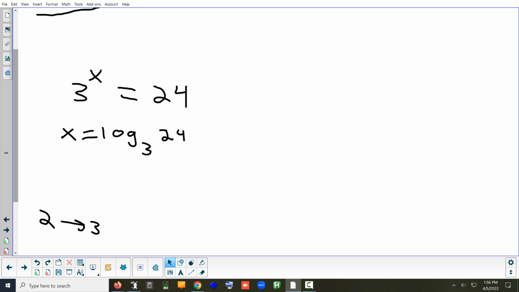So log base 3 of 24. And Sam, can you tell me how I type that in? It would be log 24 over log 3.